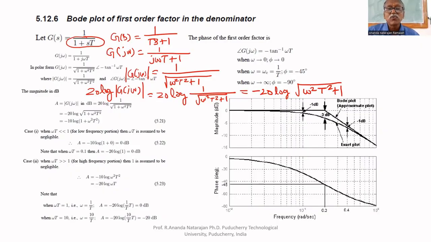For this, how to draw magnitude plot? We have to vary this omega from 0 to infinity. For that, we have to draw the magnitude plot. For that, we are considering two cases. Case one is omega tau far greater than 1, and the other is omega tau far less than 1.